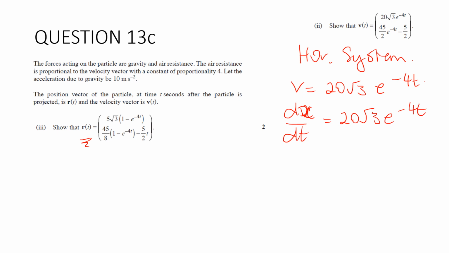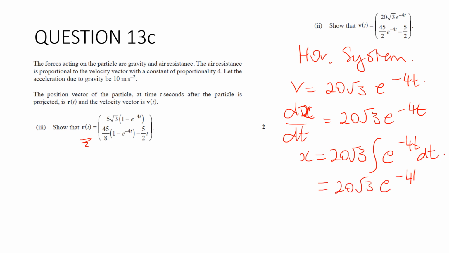X is equal to 20 root 3 integral e to the negative 4t dt, which is equal to 20 root 3 e to the negative 4t divided by negative 4, got ahead of myself there, plus c, which is equal to negative 5 root 3 e to the negative 4t plus c.